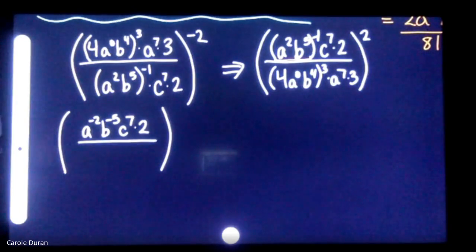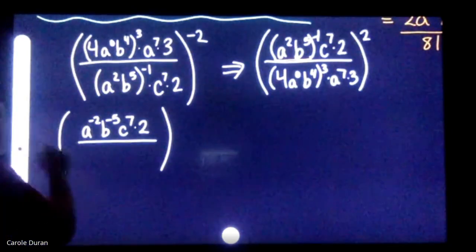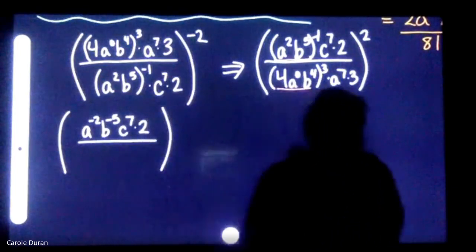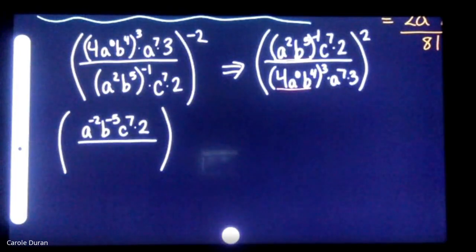In the denominator, I need to simplify inside my parentheses first. There's nothing I can put together, but there is something I can get rid of. What can I get rid of in that denominator parentheses? What's a to the 0 power? 1.